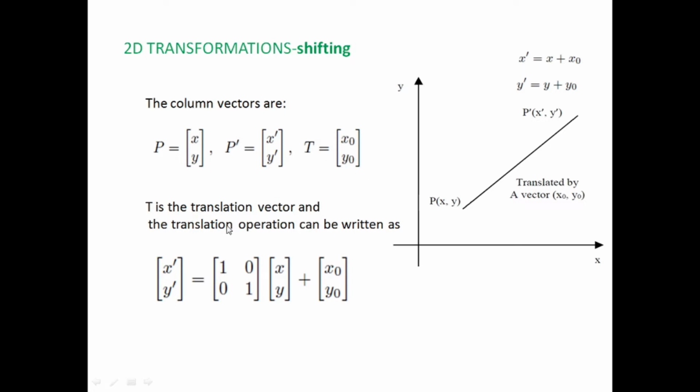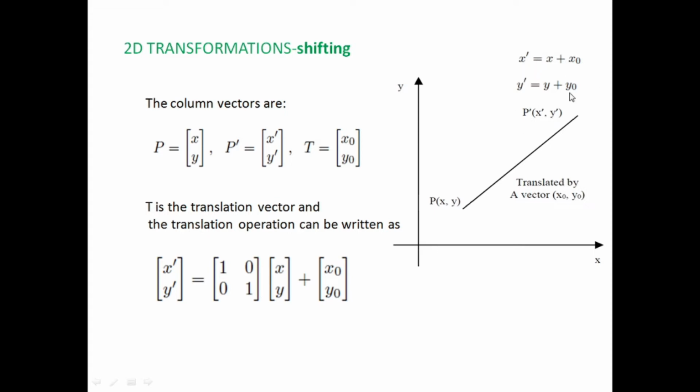So here T represents the translation vector, and the translation operation can be written also in the matrix representation. So if I see this one, it is in matrix notation, right? Okay, so the new coordinates x dash equals x plus x naught, y dash equals y plus y naught.